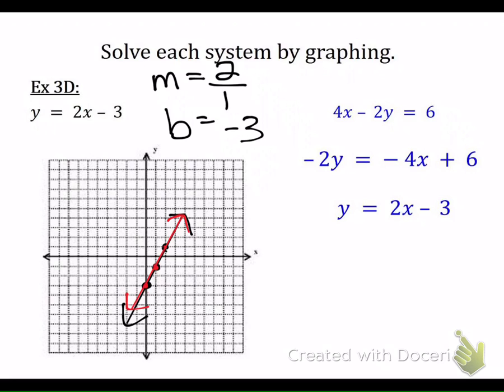So, in your notes, how are we supposed to write the answer? Go back to your little table. If it's the same line, infinitely many solutions is the number of solutions, but how do we write the solution? All ordered pairs on the line. It's the bottom right-hand box that you wrote down. All the ordered pairs on the line.